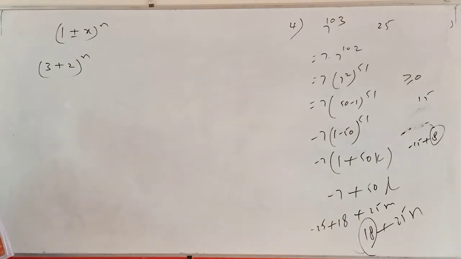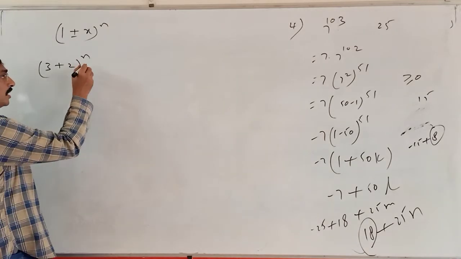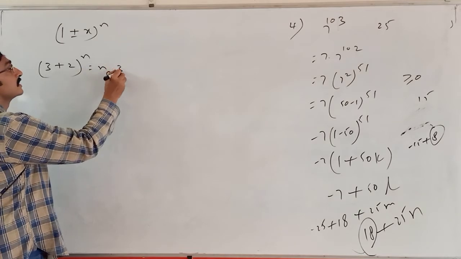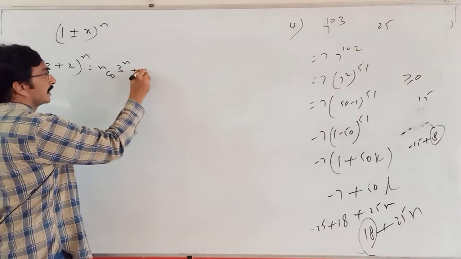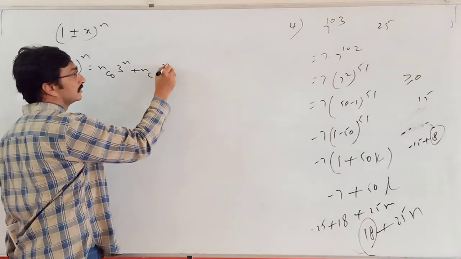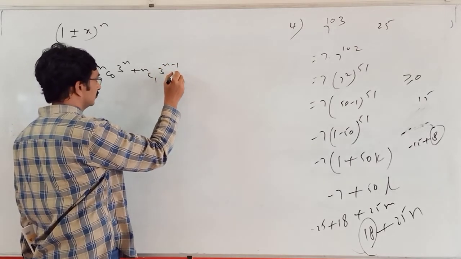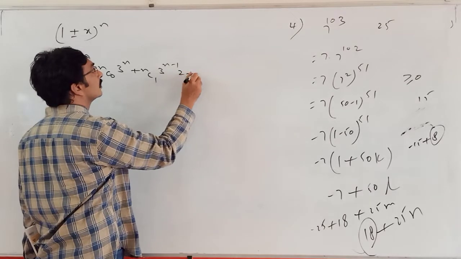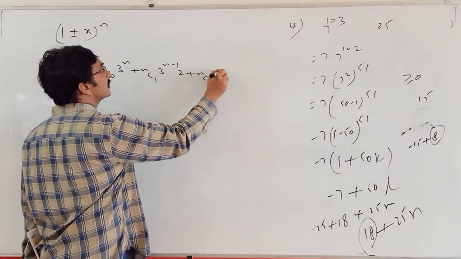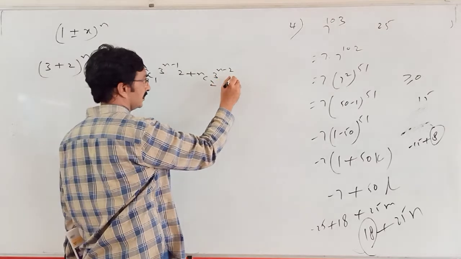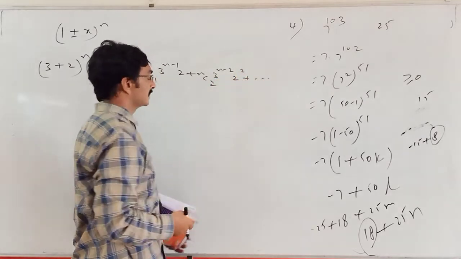I am applying the binomial theorem, the x plus a whole power n formula, for this: nC0 into 3 power n plus nC1 into 3 power n minus 1 into 2 plus nC2 into 3 power n minus 2 into 2 square plus and so on.